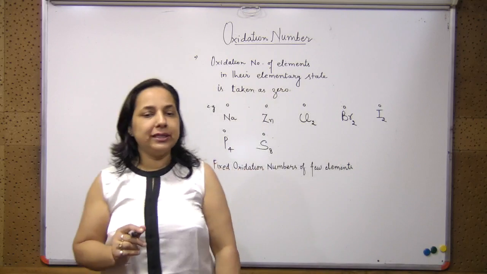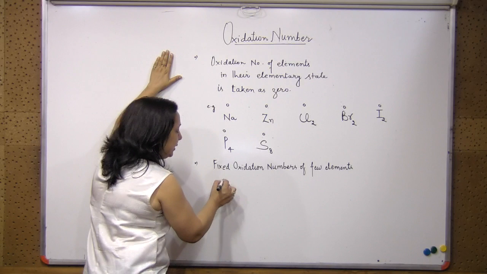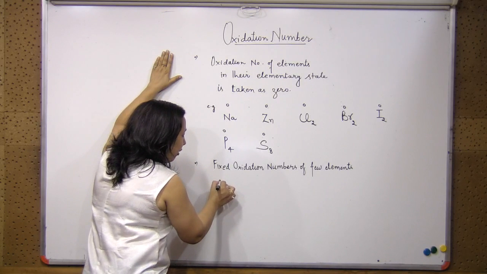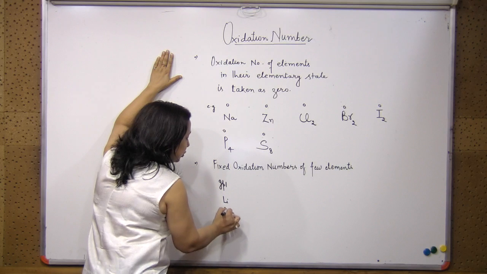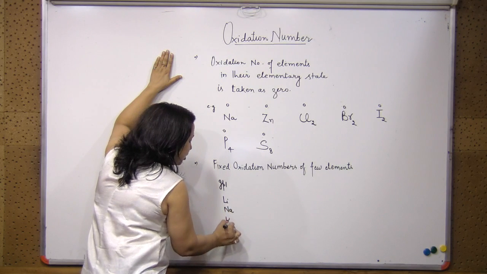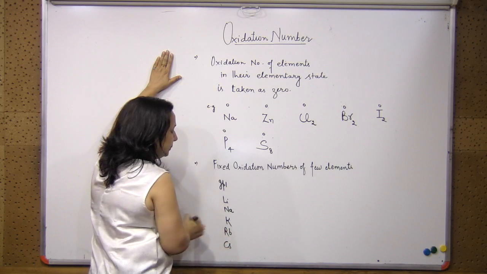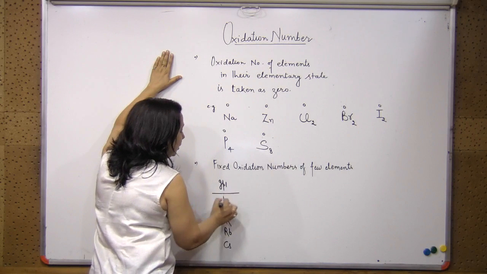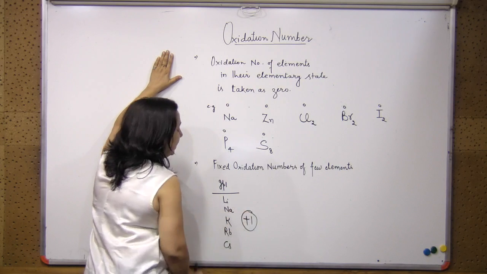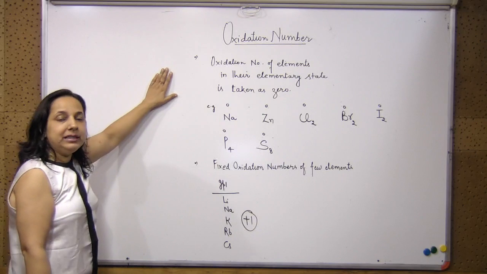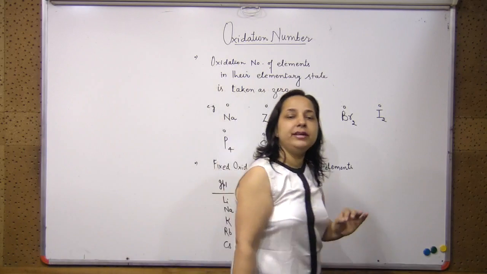It's always constant, always same. And these elements we have to learn. Elements of group 1, that is lithium, sodium, potassium, rubidium and cesium, all these are going to be +1 in their combined state. When these elements are in their compounds, their oxidation number is always +1.